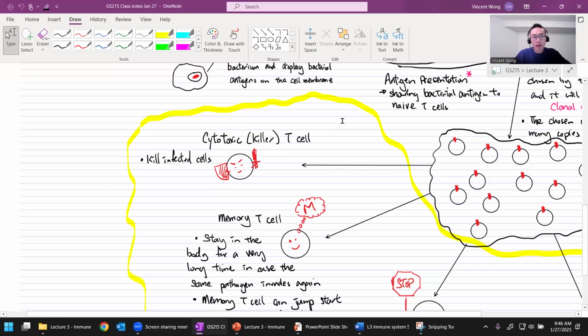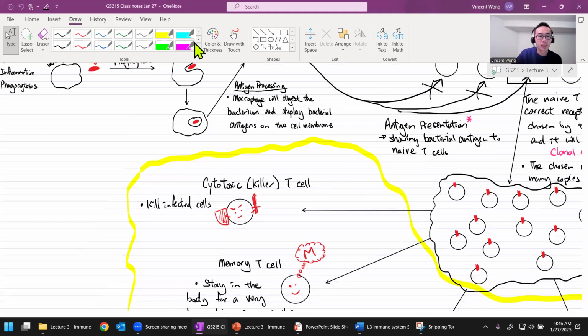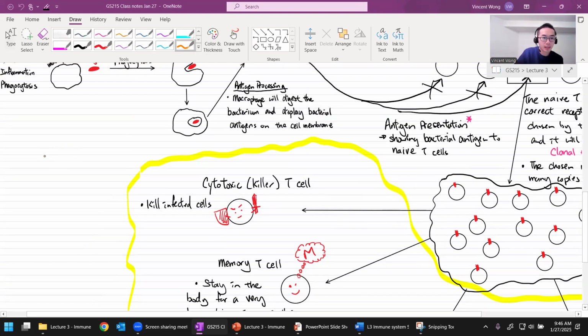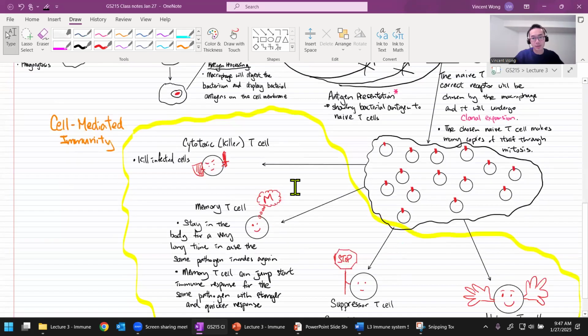So this branch that involves all the T cells is called cell-mediated immunity. And it involves all the T cells.